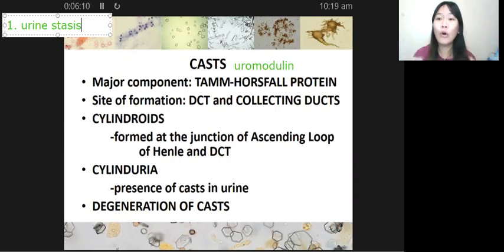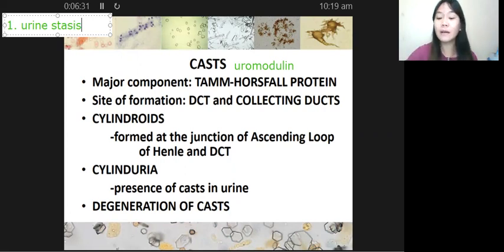So, kung nagkakaroon man ng decrease in your urine flow, doon na iipon yung ating uromodulin or yung ating Tamm-Horsfall protein forming now the matrix of your casts. So, dapat merong urine stasis.